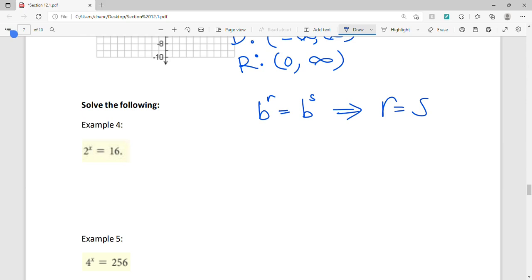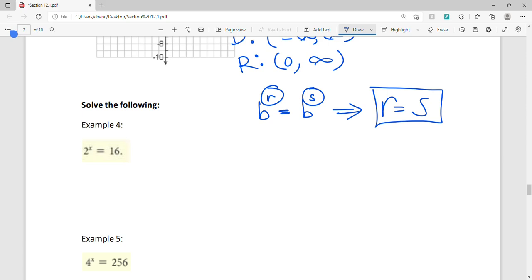So if you have a base raised to an exponent and the same base raised to an exponent, and they're equal, the only way they could be equal with the same base is if the exponents are equal. That's what this property is saying. If the bases are the same and they're equal to each other, the exponents better be the same. That's what we're going to use for example 4.